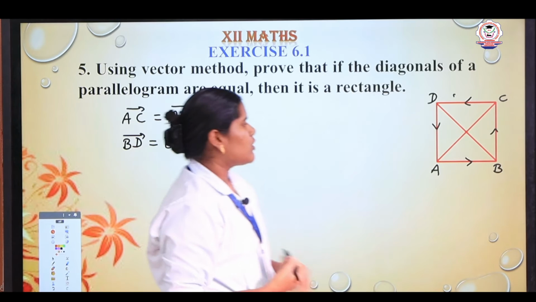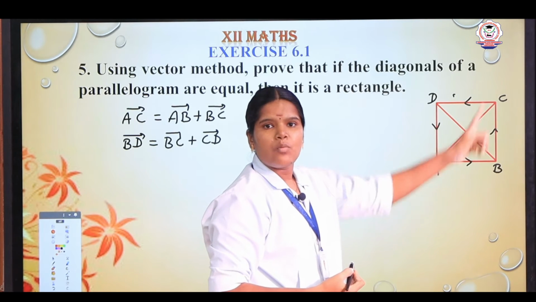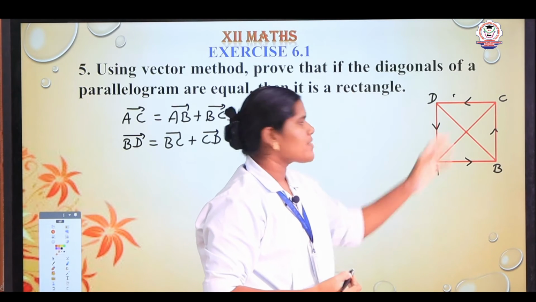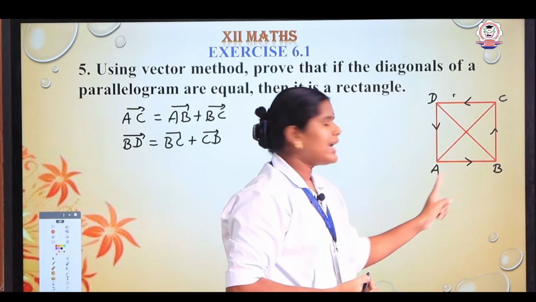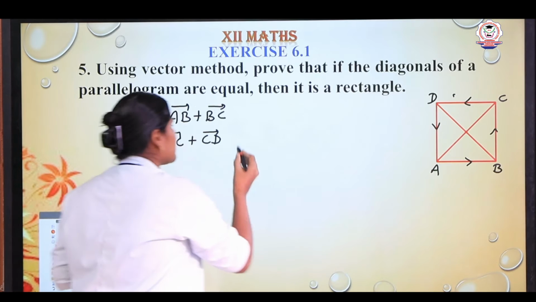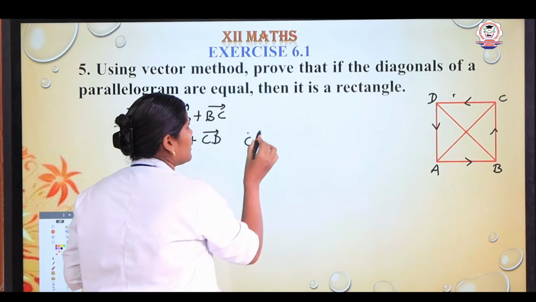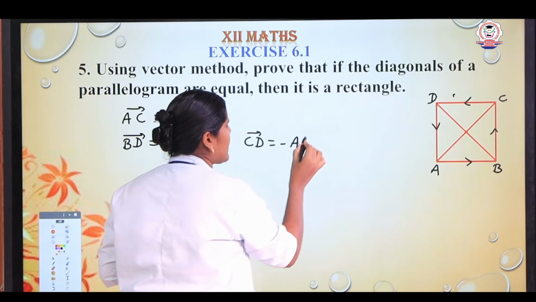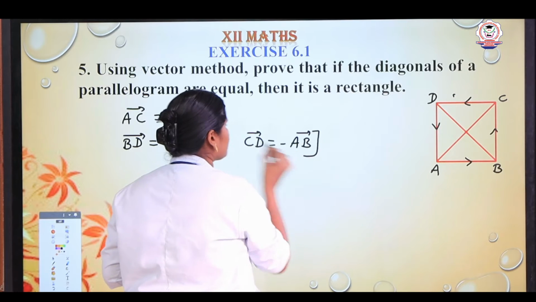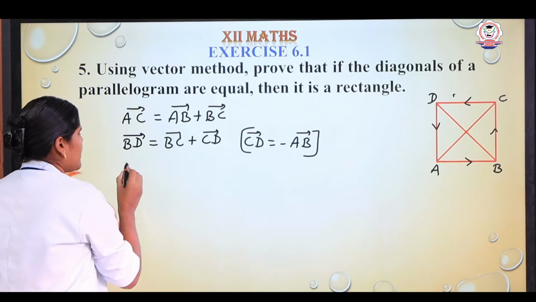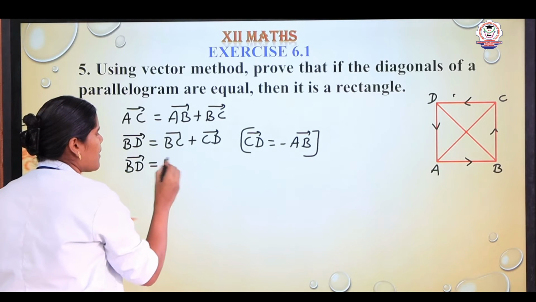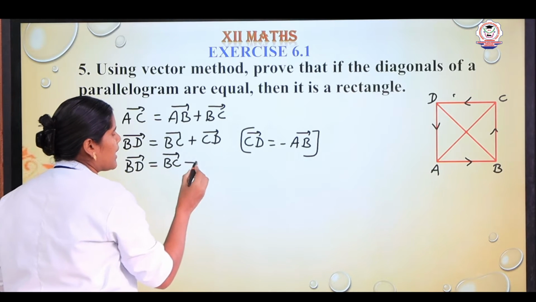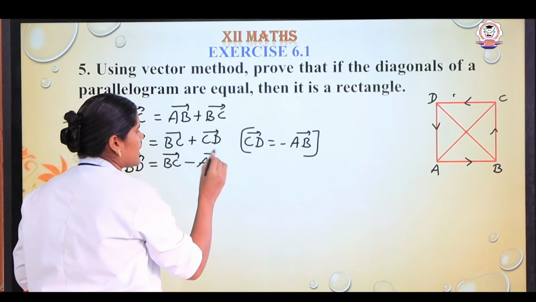But already we know that AB is equal to CD in magnitude, but opposite in direction. So CD is equal to negative of AB, so CD is equal to minus AB vector. So here BD is equal to BC vector minus AB vector.